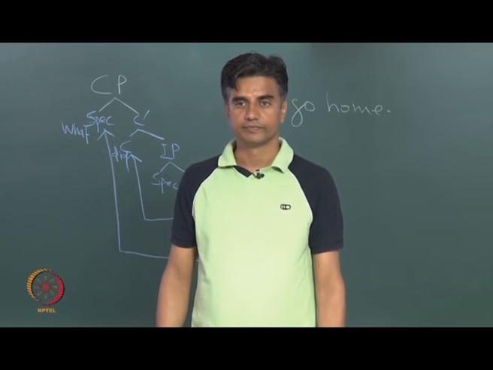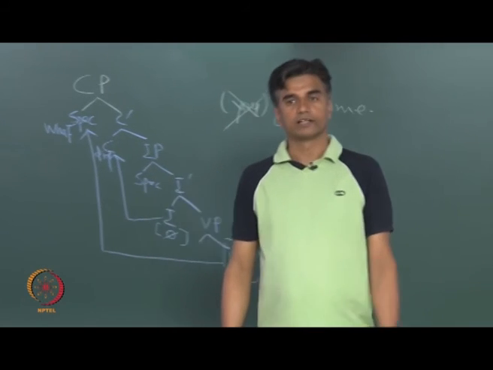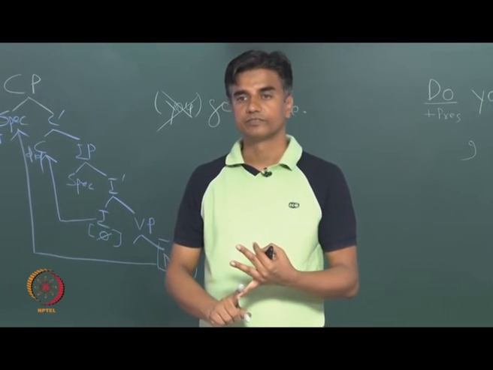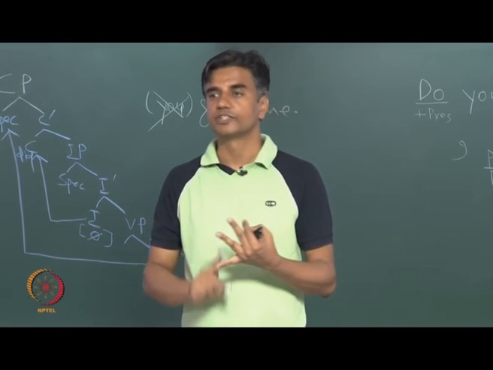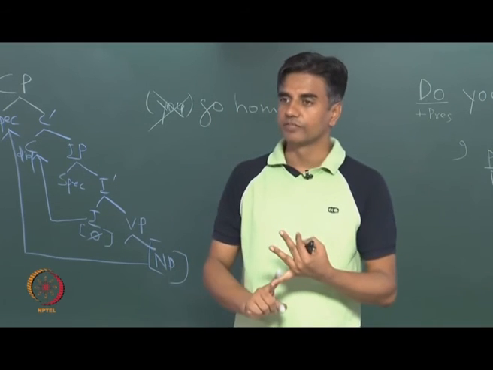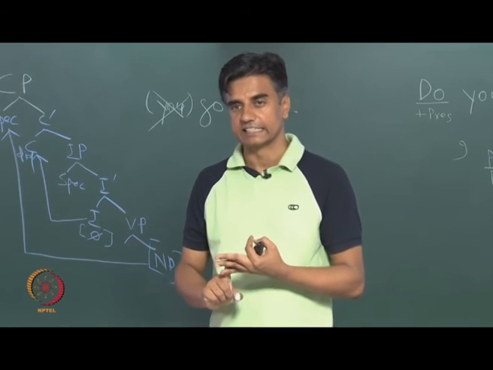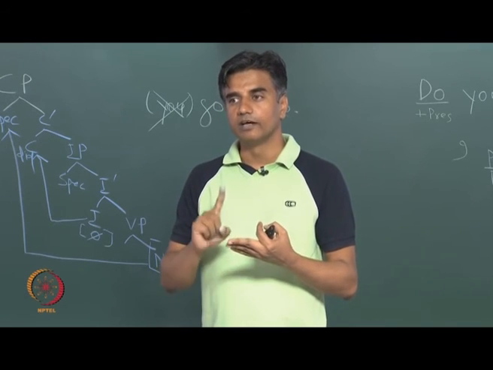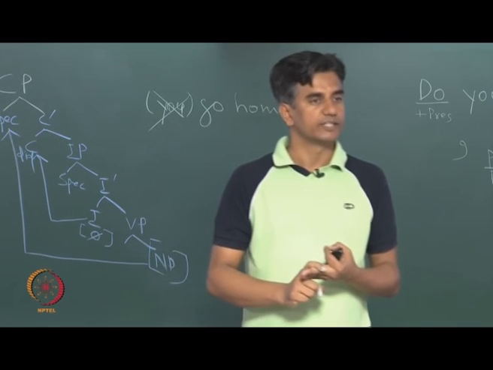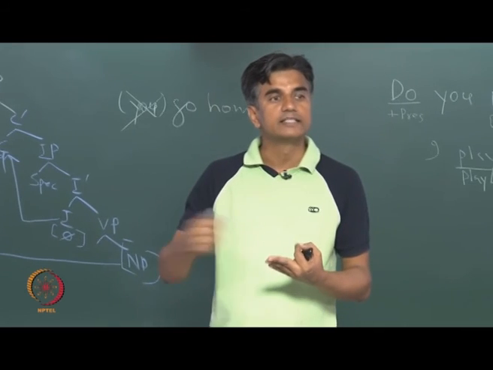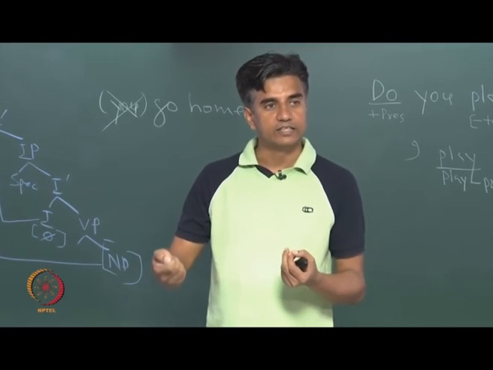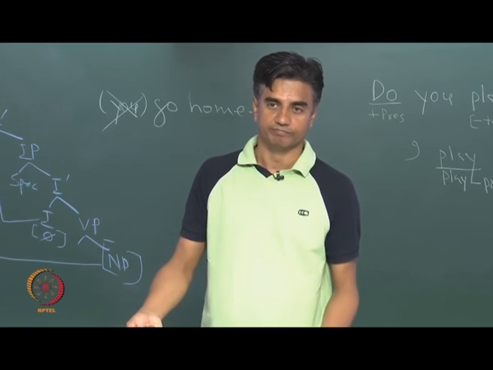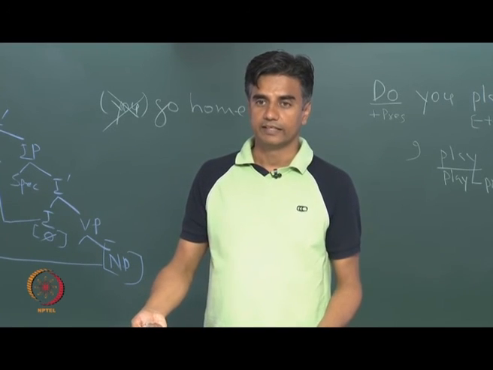Clear? So with this, we finished a discussion on WH movement, question words, question sentences. We not only looked at underlying motivations for movement in natural language, we saw examples of sentences which cannot be accounted for unless we bring in movement, right?